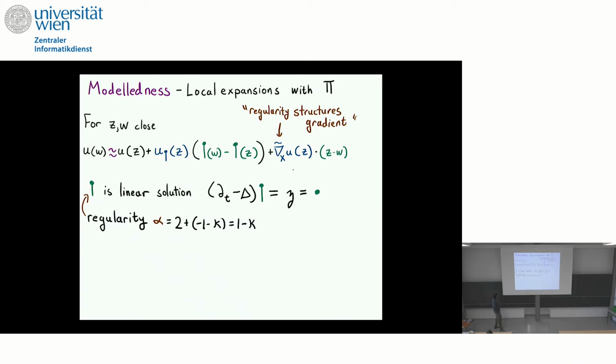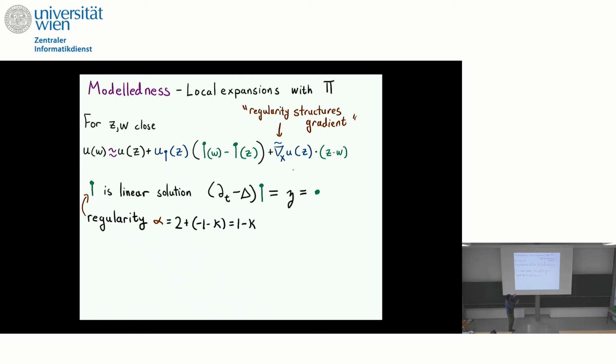So first I want to talk about modeledness. The idea here is that modeledness is a way of thinking about regularity in a new way, where I'm allowing myself to approximate my solution with objects built out of the noise. So I'll say something is modeled if I can approximate it locally with this sort of expansion, where the objects in green should be thought of as monomials.